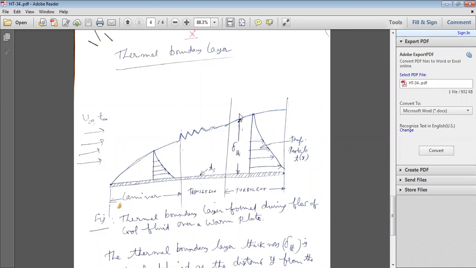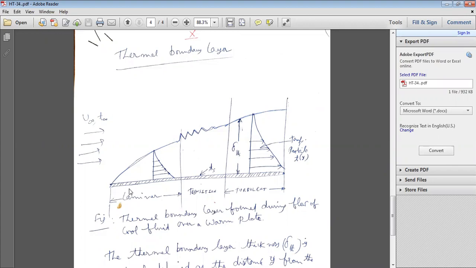So delta TH is the thermal boundary layer thickness. Here is the laminar thermal boundary thickness, here the transition thermal boundary thickness, and this is the turbulent thermal boundary thickness. In general, delta TH is the thermal boundary layer thickness.